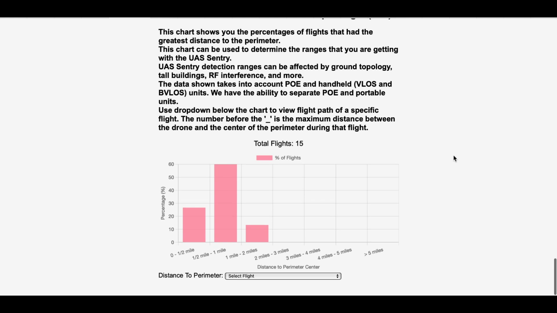The next chart shows the maximum distance the drone was from the perimeter center. This gives you an idea of the range you're getting. So you can see we were getting 1 to 2 miles with just our units, sitting in our hotel room or in the car.